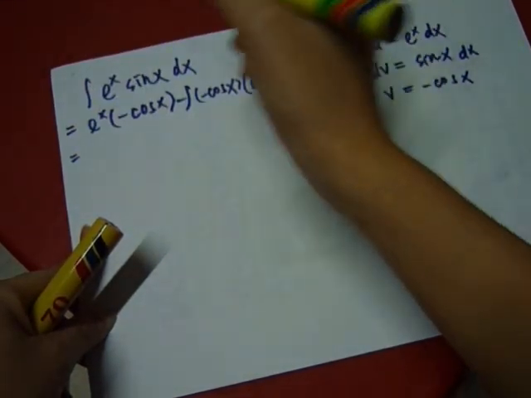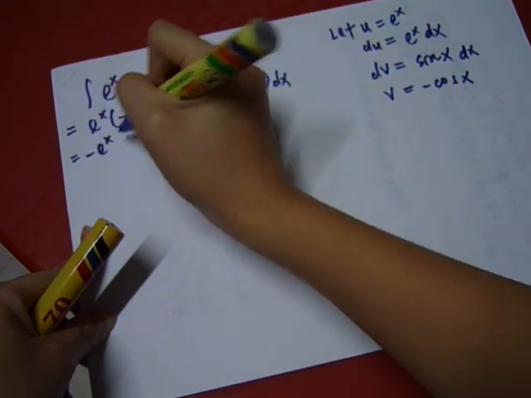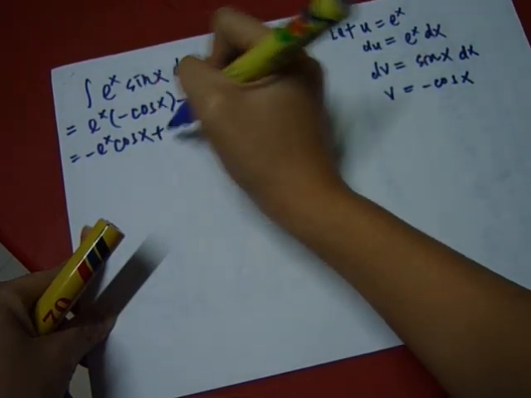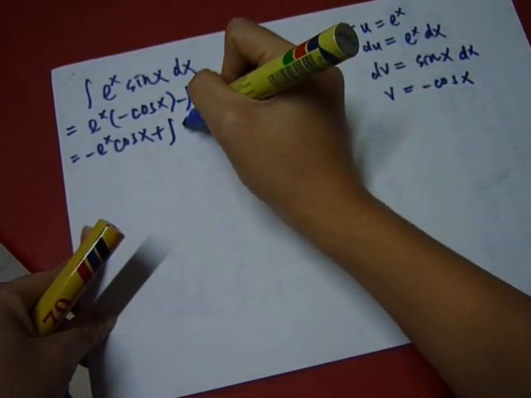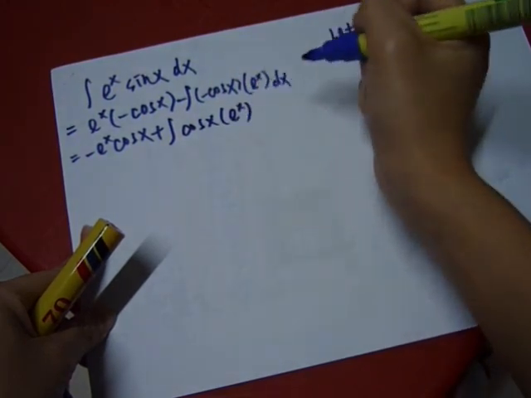Then it can change to minus e^x cos x plus integration cos x e^x dx.